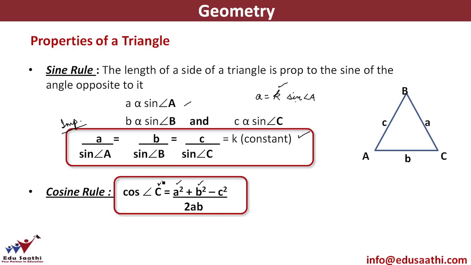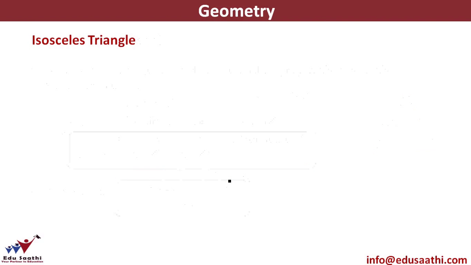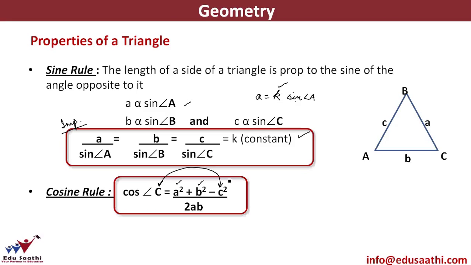If I am finding the cos of angle C, the side opposite to C is small c, which will be written last with a negative sign, and both the other sides would be taken in the plus sign. So it is A square plus B square minus C square over 2AB. Again, a very important rule that we have. If you are not able to solve the question using a sine equality, you will have to use a cosine formula to solve the question.